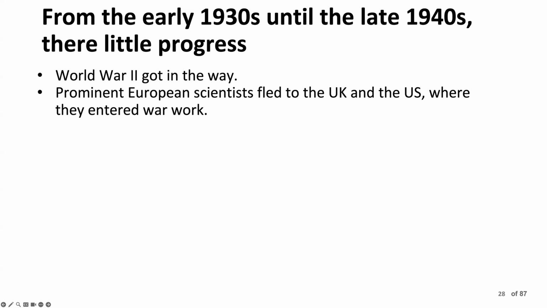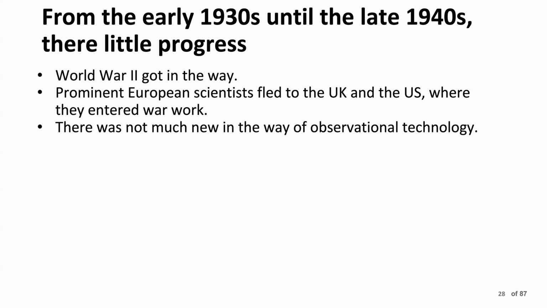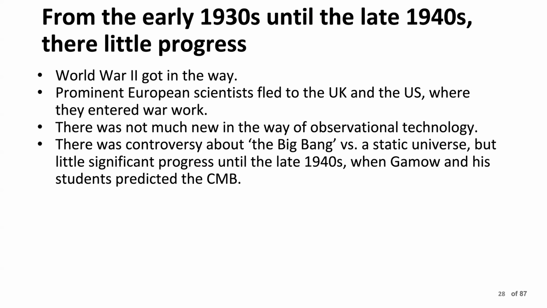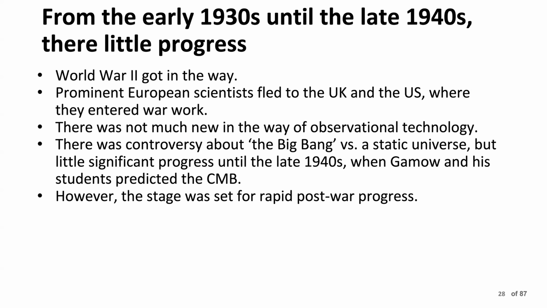They fled the European area. And so there was a delay in progress. And after the war, this idea of a static universe still persisted. A small number of influential astronomers still argued that the universe was static, in spite of the work of Lemaître and Friedmann.